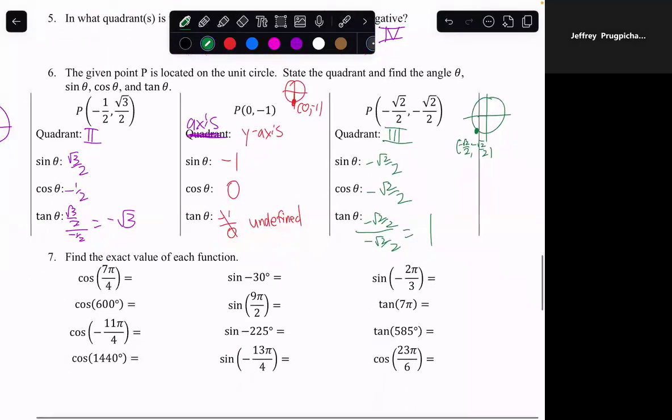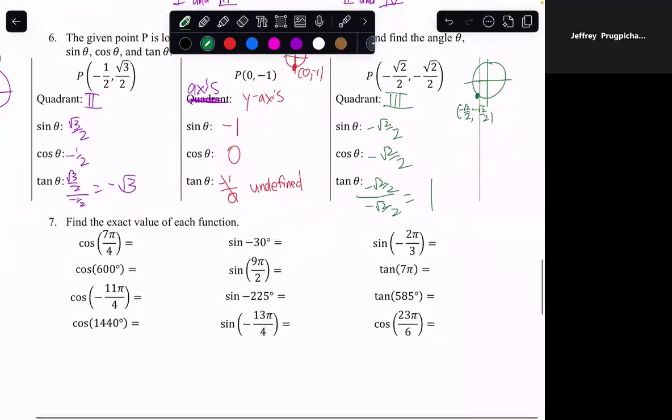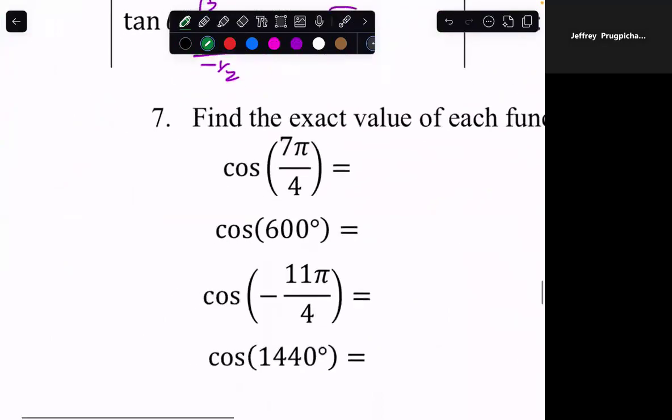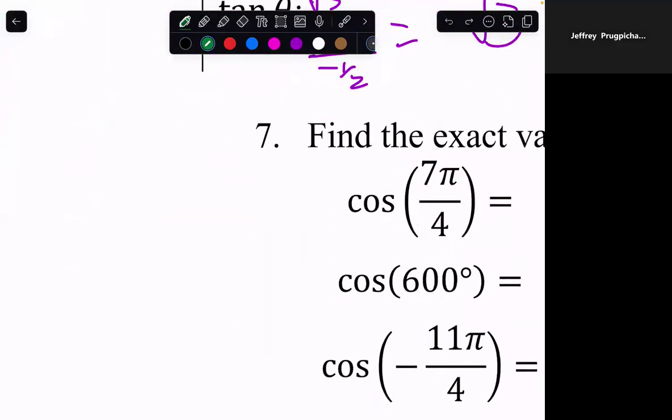All right. So the last thing is finding the trig ratios for other angles. Like for this first one, cosine of 7 pi over 4. Right now, I'm sure you guys are more comfortable with degrees, so you probably would convert this to degrees first. Remember, is it pi over 180 degrees or 180 degrees over pi?